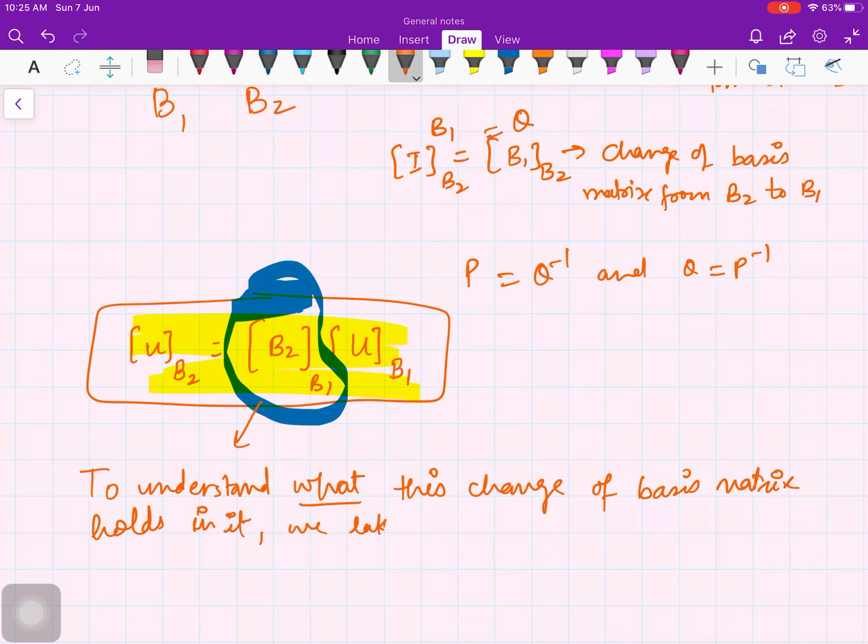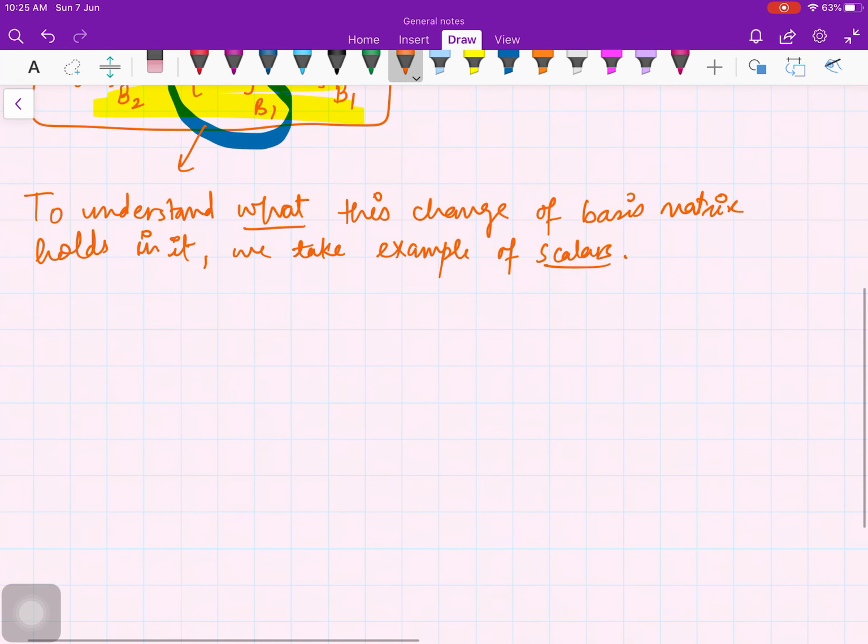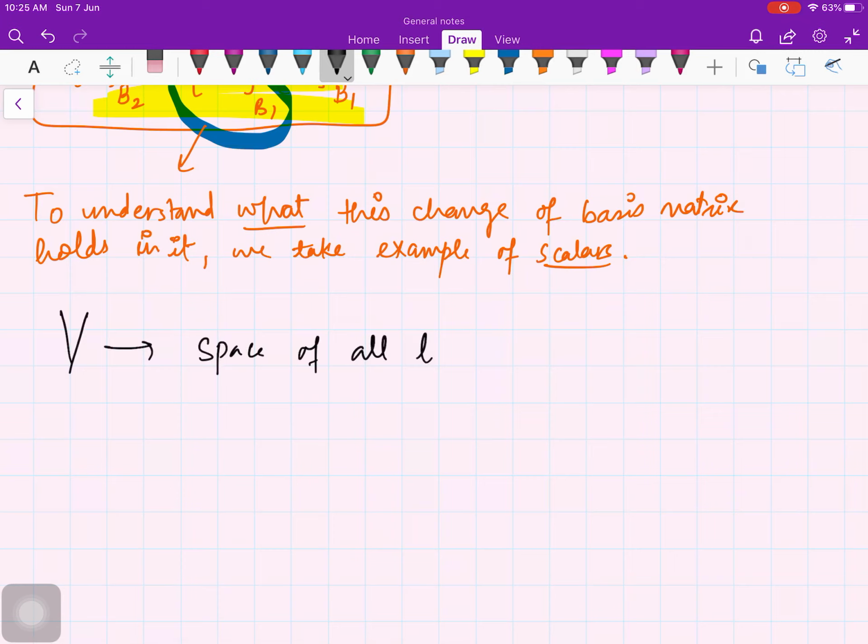We take an example from scalars, because scalars, they are our best friends. We know scalars very fondly as compared to vectors. So we take example of scalars. Scalars are also vectors, we can always take that. So let us take a vector space V, space of all lengths.